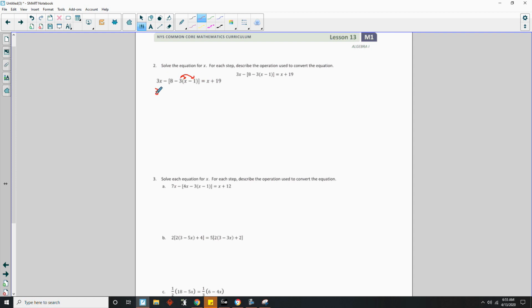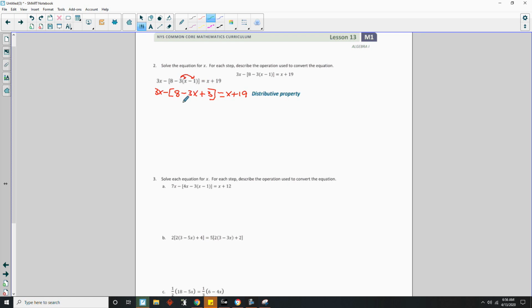So that would leave me with 3x minus a bracket 8 minus 3 times x. Negative times a negative is positive. 3 times 1 is 3. So that is going to be the bracket equals x plus 19. So there's step 1. Okay, and that's the distributive property of multiplication.